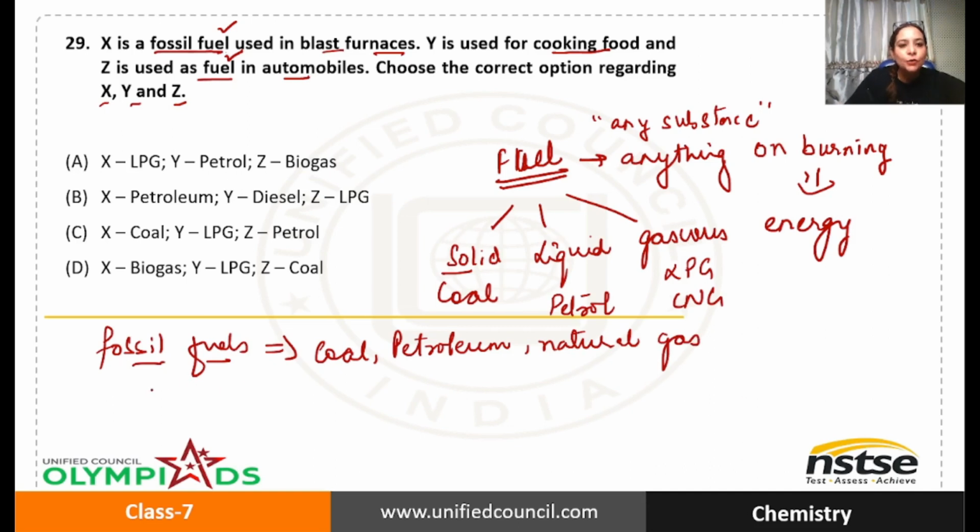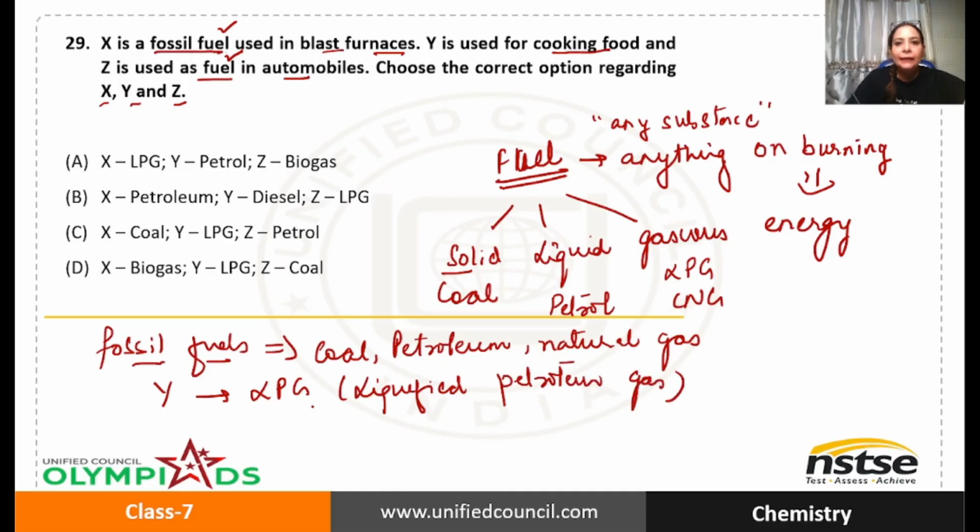And what is used for cooking? For cooking we use LPG. Nowadays in a modern chula, what do we use as a fuel? We use LPG, that is liquefied petroleum gas. And here you have the third clue that Z is used in automobiles. We use petrol in automobiles.